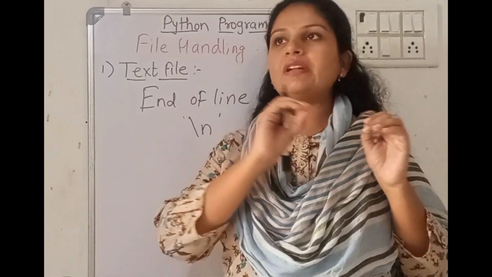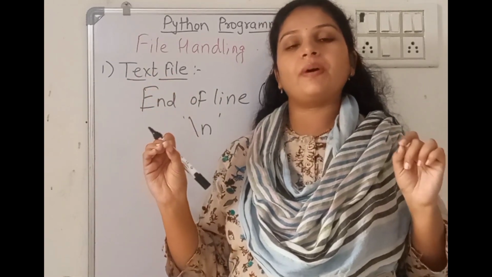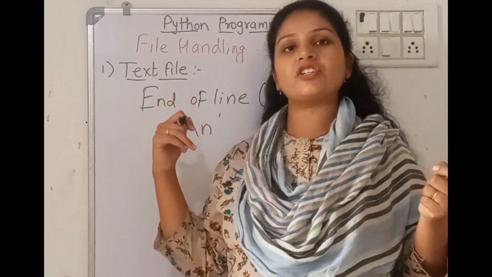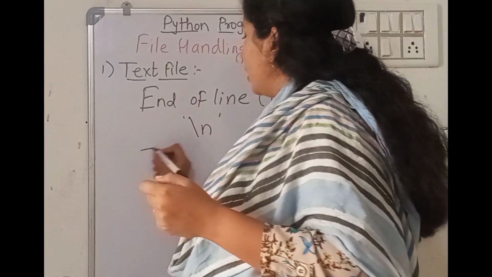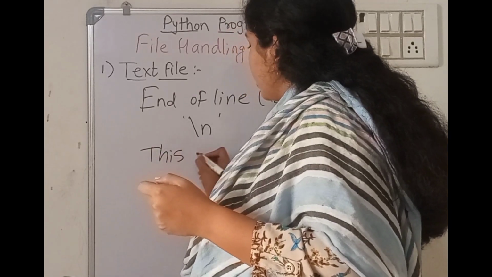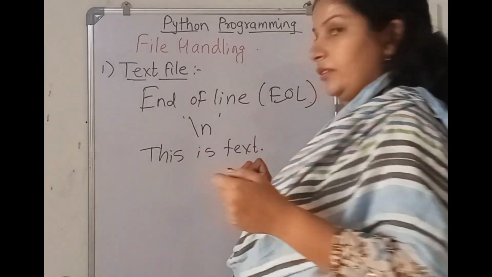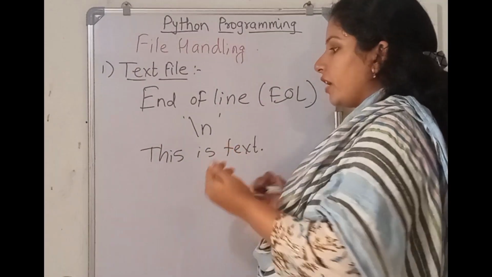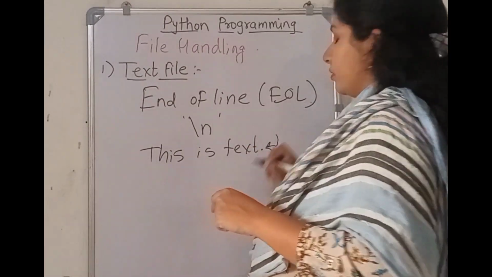That means whichever line we are going to write down, you need to mention, or Python by default automatically recognizes this \n character. When you press enter, suppose this is text, this is text. So this is my normal line, right? This is my normal line, and after that when I am going to the new line, then I will press enter here.